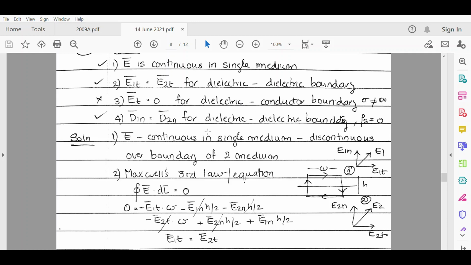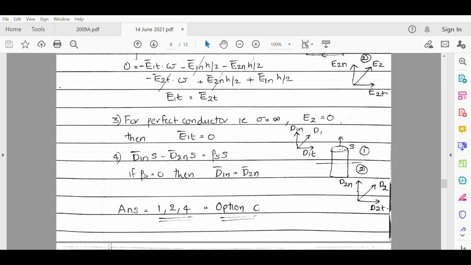We can consider a pillbox and apply Gauss law, which is nothing but Maxwell's first equation, and find that D1 of n into S, where S is the surface area, minus D2 of n, the normal component of flux density in the second medium, into the area S, is equal to the charge density into the area.